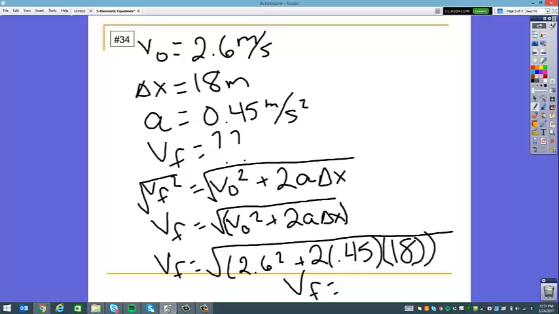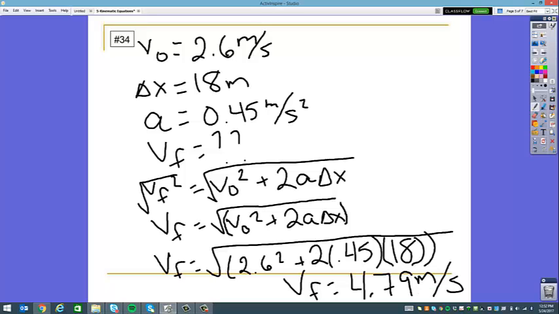Plug it in your calculator. Even though the answers are on the page, please make sure you're typing this in the calculators to make sure you know how to do it. And I get 3.79 meters per second. Okay.